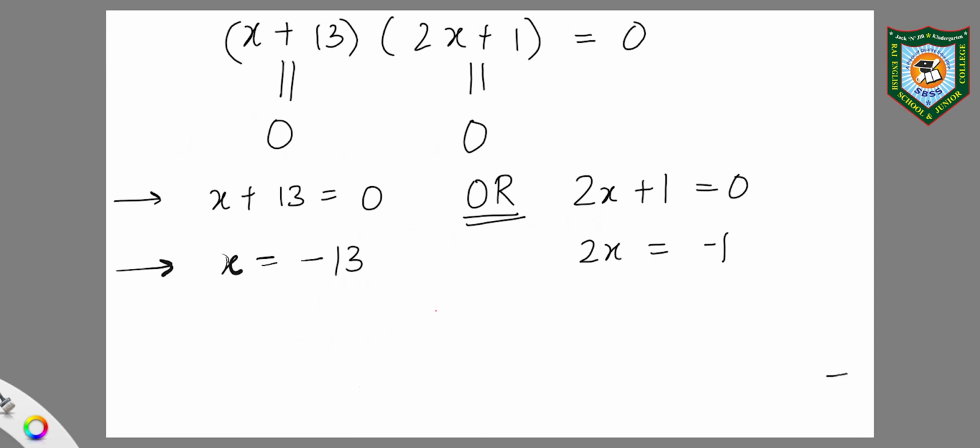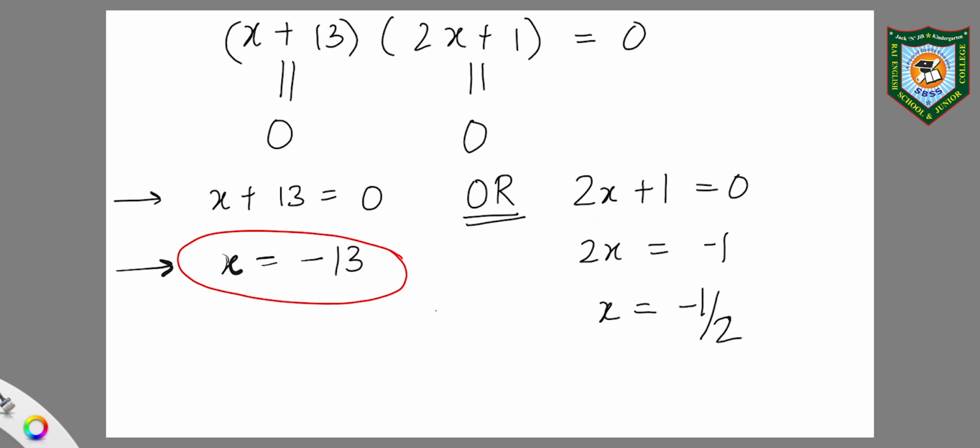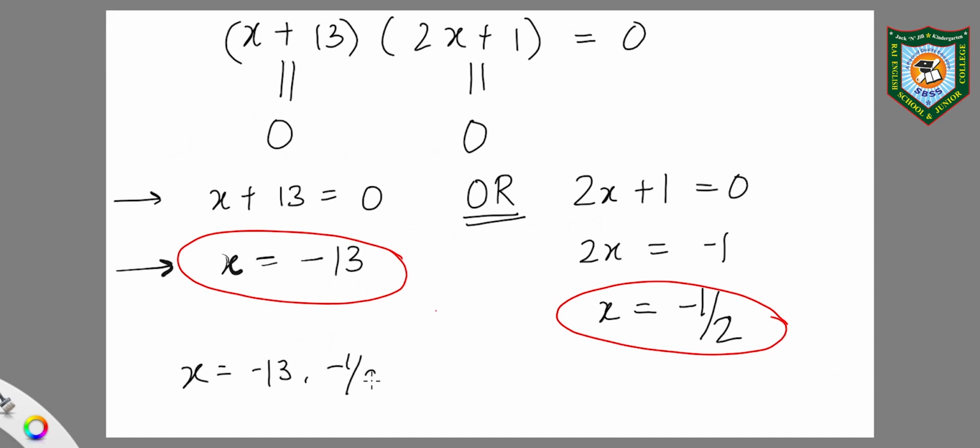Now, solving this as a linear equation in one variable, I have my one root, which is x is equal to minus 13, and my other root becomes x is equal to minus 1 divided by 2. So my final values are x is equal to minus 13 comma minus 1 by 2. I can have both the answers as my solution, and this is how we solve a quadratic equation by the factorization method.